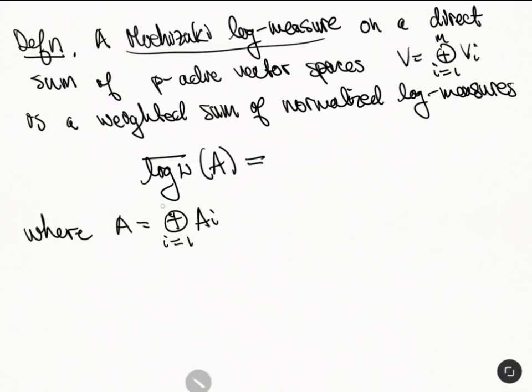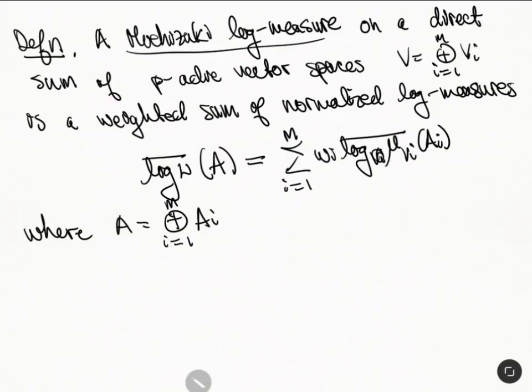So it is the sum for i equal to 1 up to m of w_i times log mu of V_i of A_i. It's a weighted sum of normalized log measures, and we'll say the sum of the w_i's for i equal to 1 up to m is equal to 1. So this is a Mochizuki log measure.